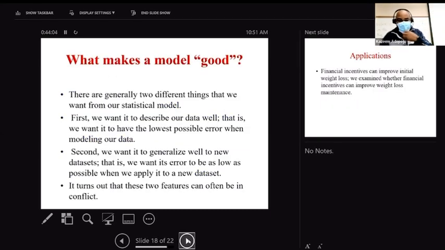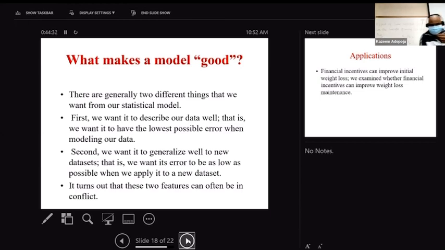Okay, what makes a model good? There are generally two different things that we want from our statistical model. First, we want it to describe our data well. But let me tell you this: if there's no agreement between a model and the data, there's no way the model will describe the data well.